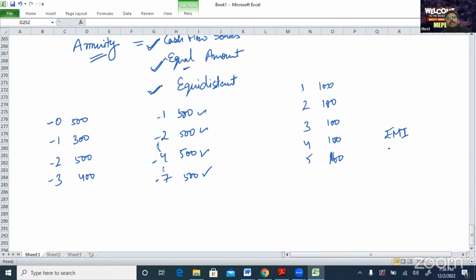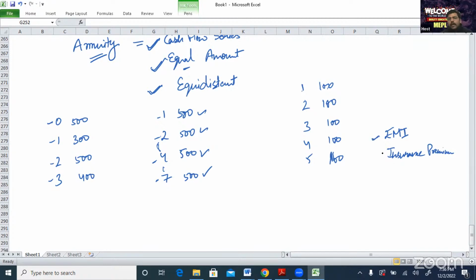Again, for example, let us say I am paying an insurance premium. I have a life insurance policy and the amount is the same, so every year on the same day I am paying some amount of premium. It is an example of annuity.